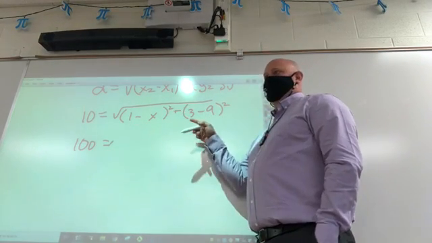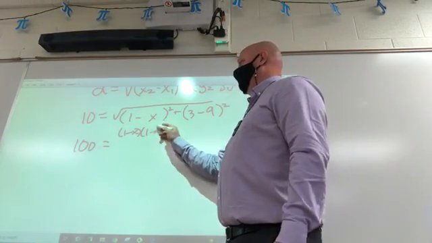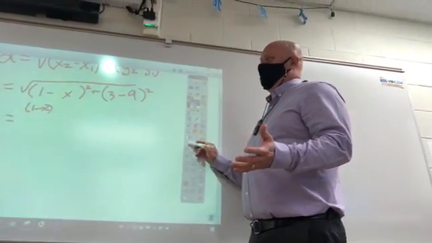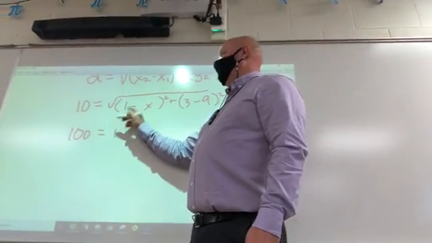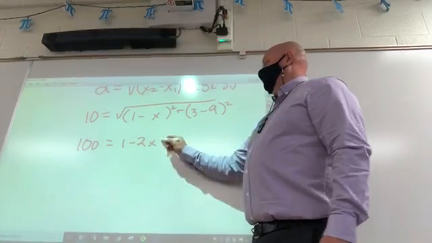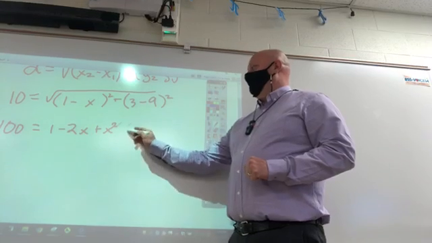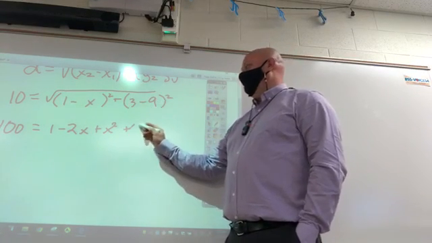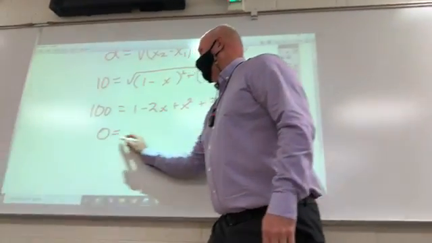Foil it out, right? Figure out what 1 minus x would be. Yes? Which would be what? What's 1 minus x squared going to end up being? 1 times 1 would be 1. You'd have a negative x would be negative 2x plus x squared. Yes? Plus, what's 3 minus 9? Negative 6. Negative 6 squared is 36. So now you got a quadratic.